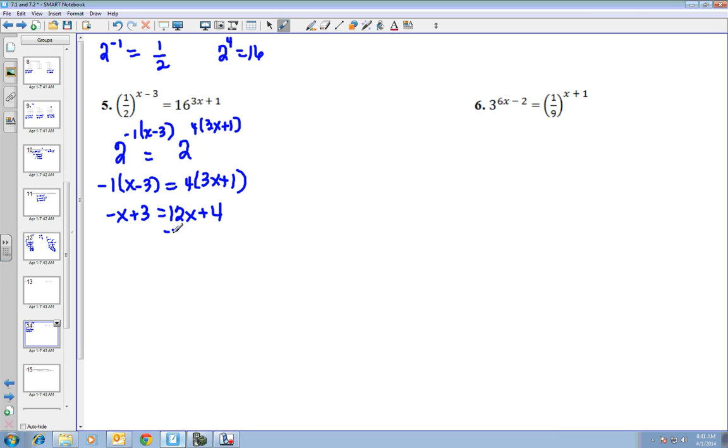I'm going to subtract 12x. Negative 13x plus 3 equals 4. Subtract 3 and I get negative 13x equals 1. So x equals negative 1 over 13.